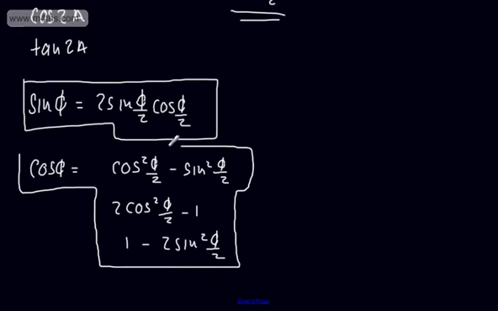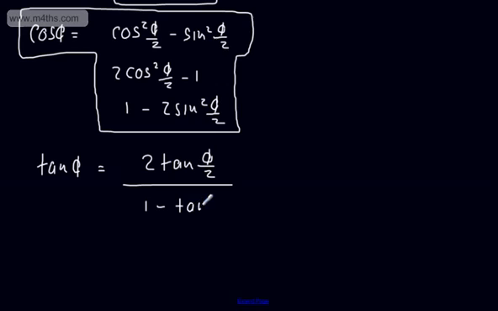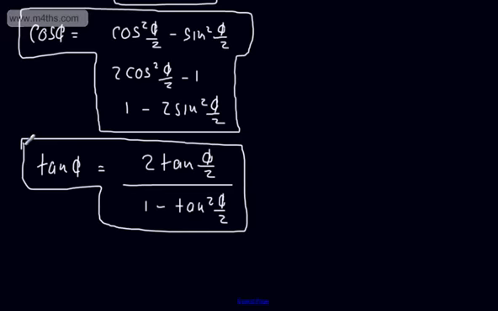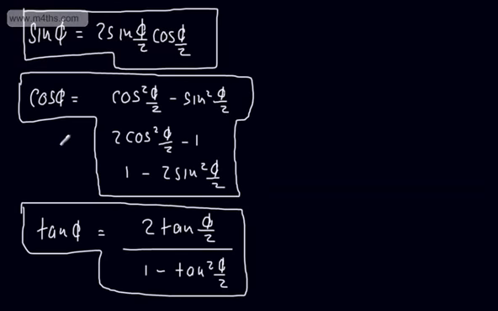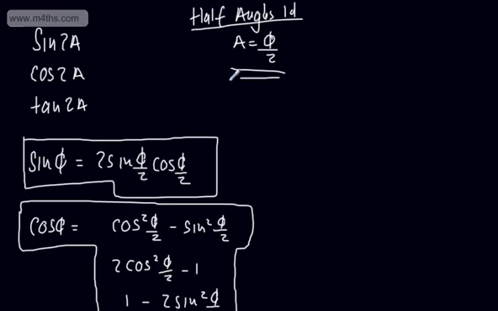And then clearly tan theta is equal to 2 tan of theta over 2 over 1 minus tan squared theta over 2. So this is the half angle identities. In terms of working with them, there's no real difference from looking at these as a double angle.